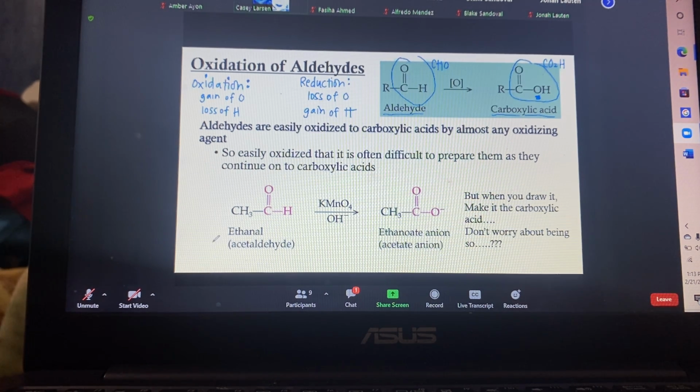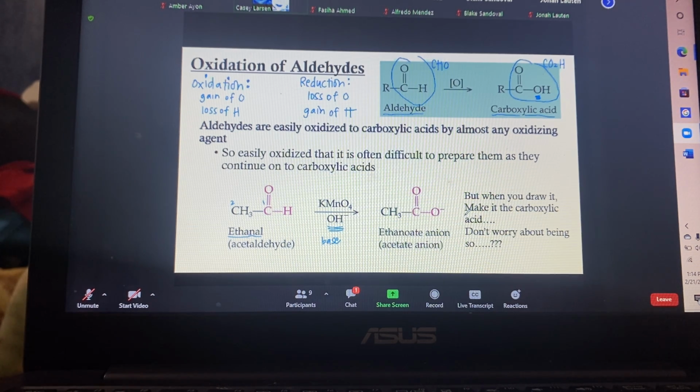If we have an aldehyde, something like ethanal, which has 2 carbons and a hydrogen, and we do this in the presence of base, what happens is that the carboxylic acid cannot exist.